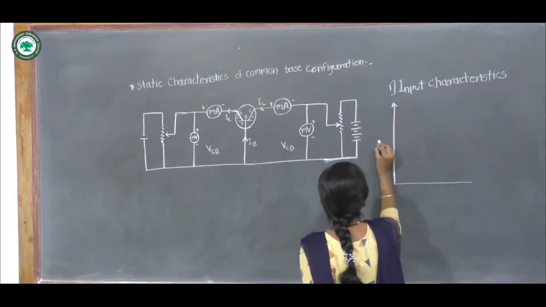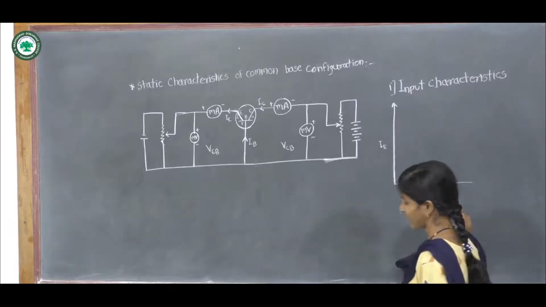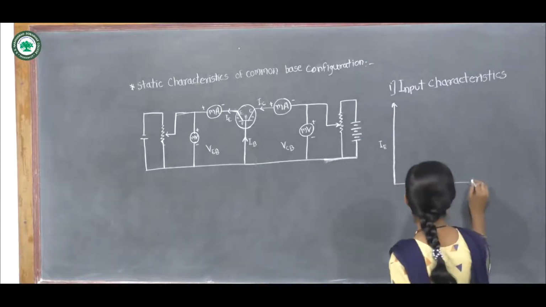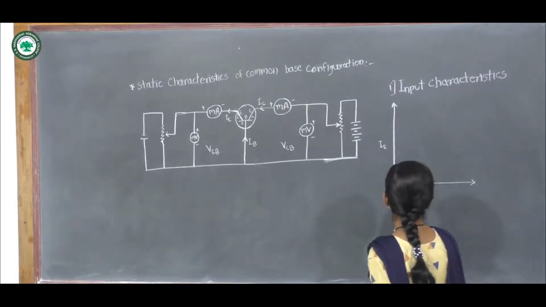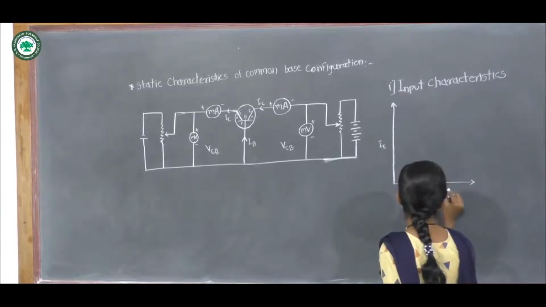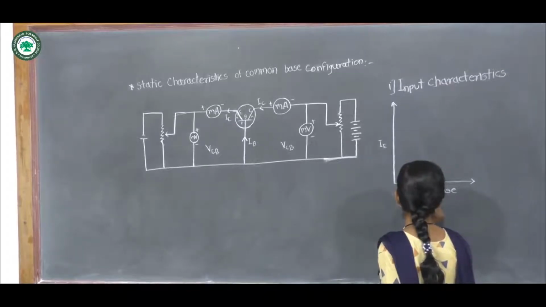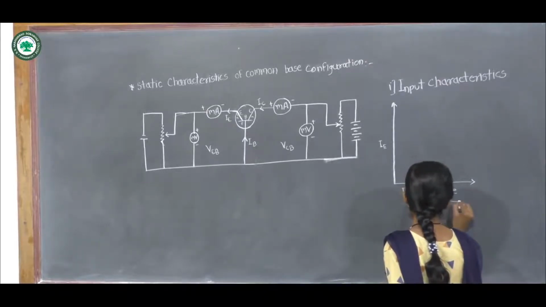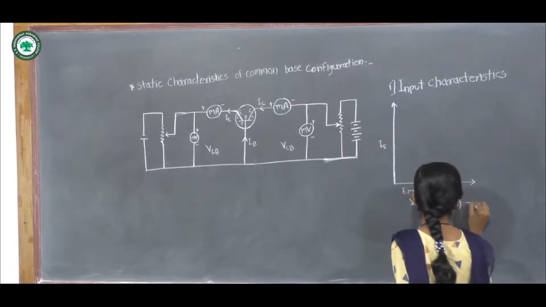IE is plotted on the y-axis and emitter base voltage VEB is plotted along the x-axis.